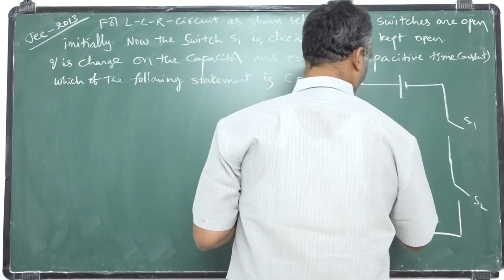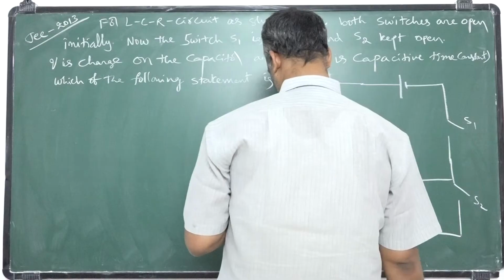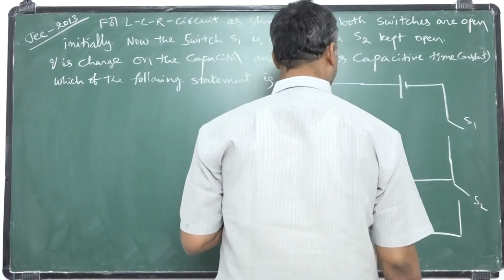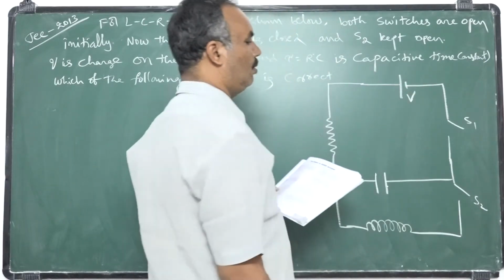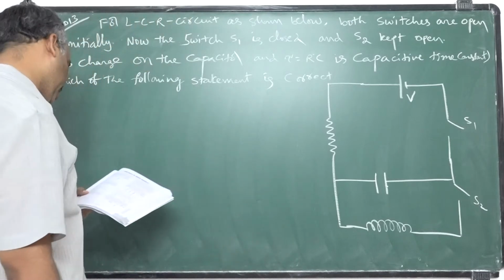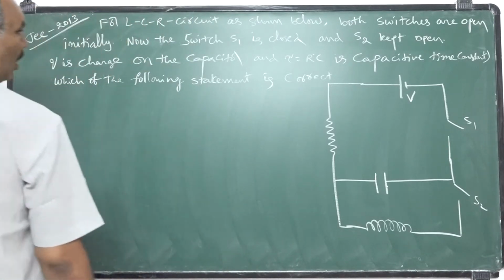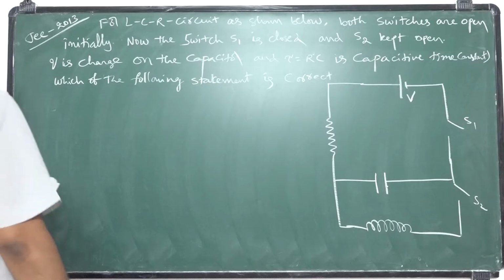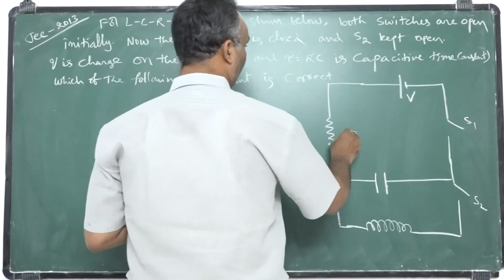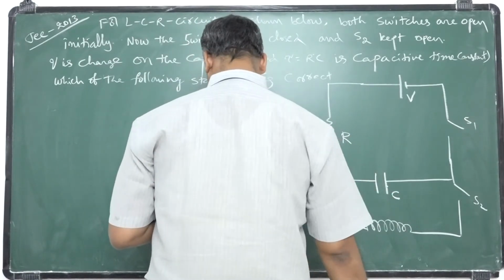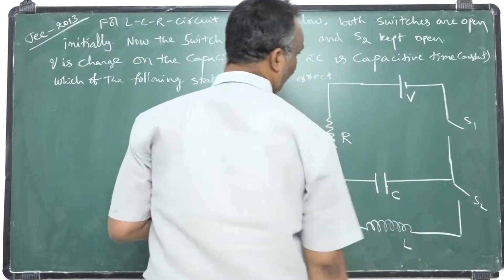This capacitor is connected to key S2 position like this. Here V is the EMF of the cell taken. The options given for this question: here R is the resistance, C is the capacitance, L is the inductance.